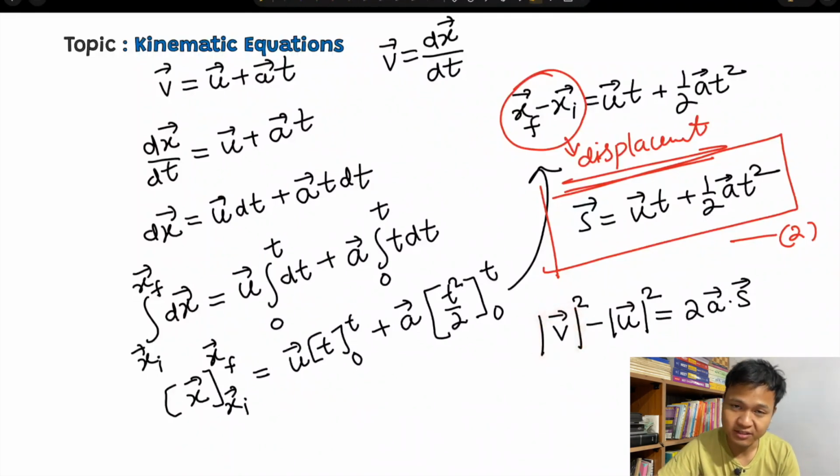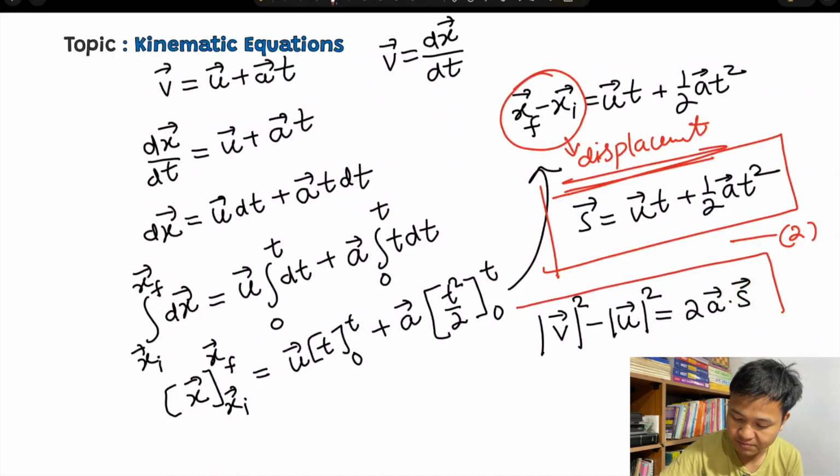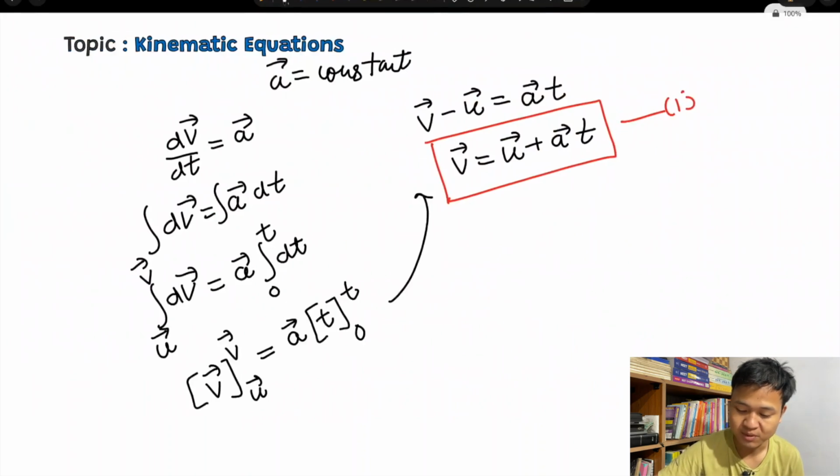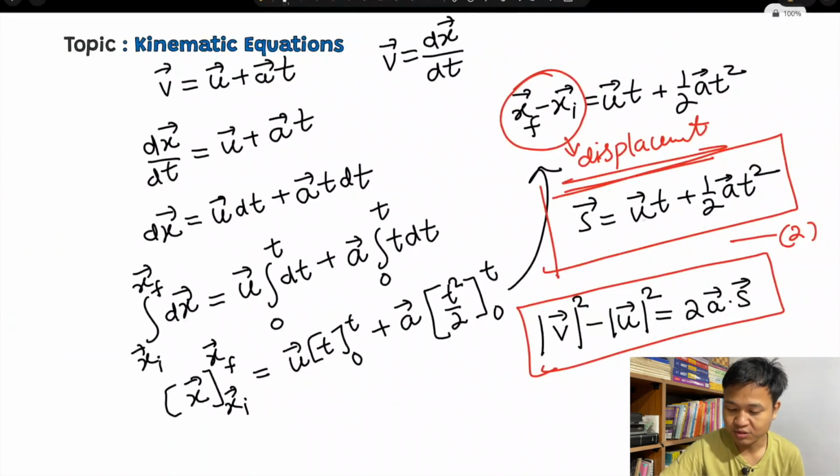Whether you have a negative or positive velocity, since you have a square, this term is always positive, so I am putting the modulus here. Remember, this s is a displacement. So this is the third equation. The three equations are v = u + at, s = ut + ½at², and v² − u² = 2as.